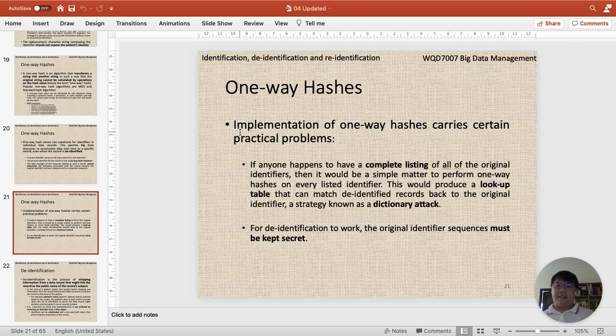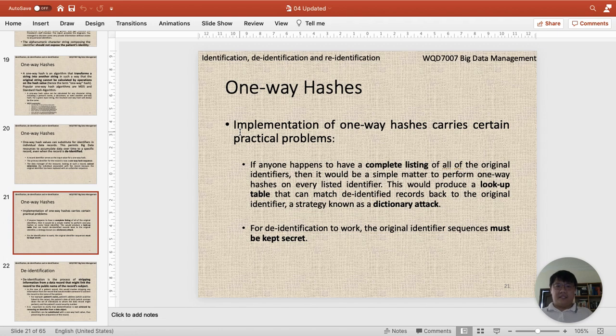Of course, one-way hashes also has certain issues. If you have a complete listing of all the original identifiers, and you also know the parameters of the hashes they are using, then at the end of the day you just need to do a hash on the original set of identifiers, and once you get the result, you make a lookup table.